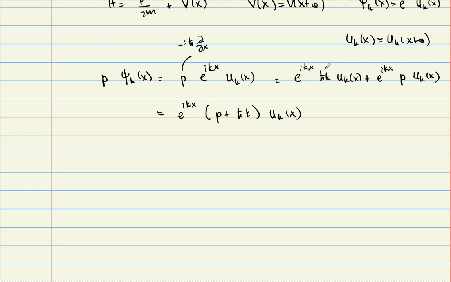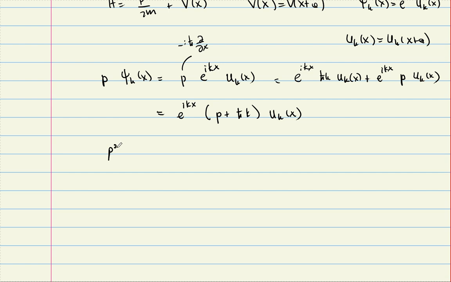There's an i here too, so they canceled, that's why I got h bar k. And in the second one, I just put it back in p form. At some point when you do quantum mechanics, you stop writing hats because you know what it is. But if you still use that practice, put hats to remind yourself.